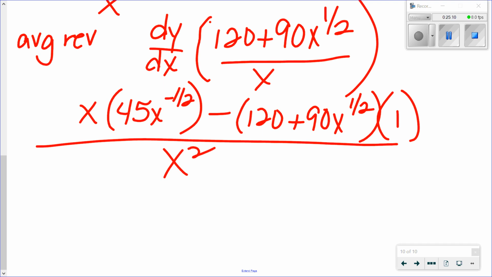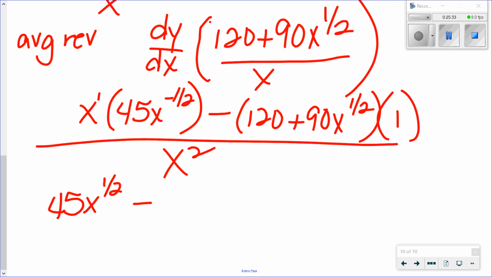So we have 45x times x to the 1/2. Remember, when you're doing this, you need to add your exponents. So I need to add 1 and 1/2. So that's going to be x to the 1/2 minus.